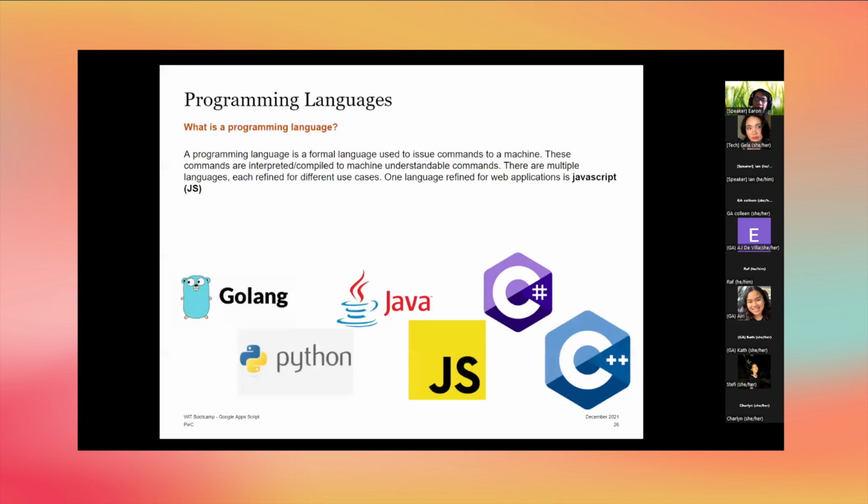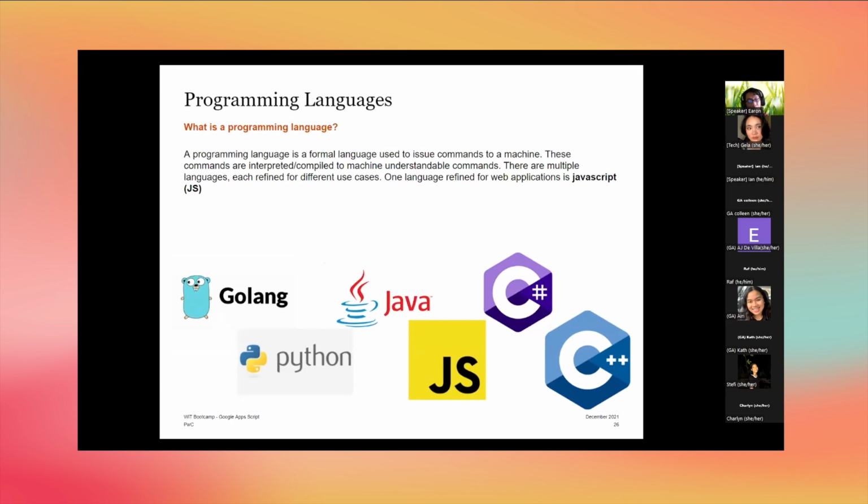Next one, programming languages. In programming, there are a ton of programming languages. If some of you have a background in programming, I'm pretty sure you know some of the logos that I'm flashing right now. These are some of the most common programming languages: Python, Java, C Sharp, C++, etc. Most programming languages evolve to solve a certain kind of problem.